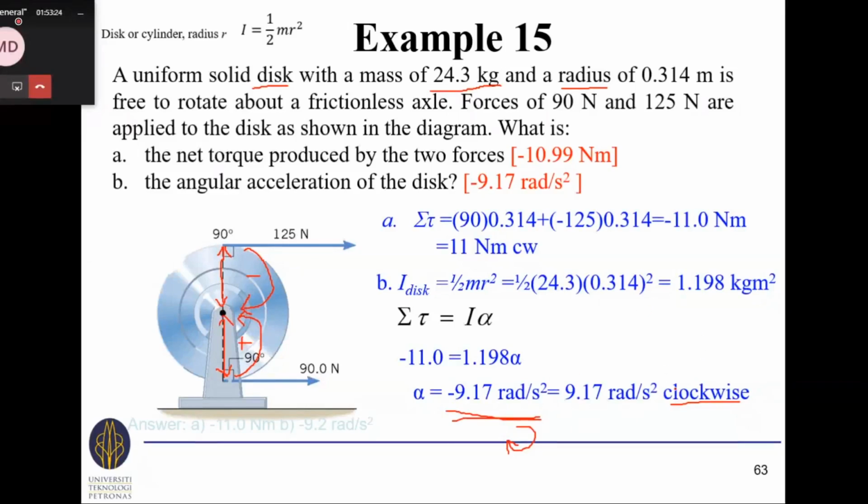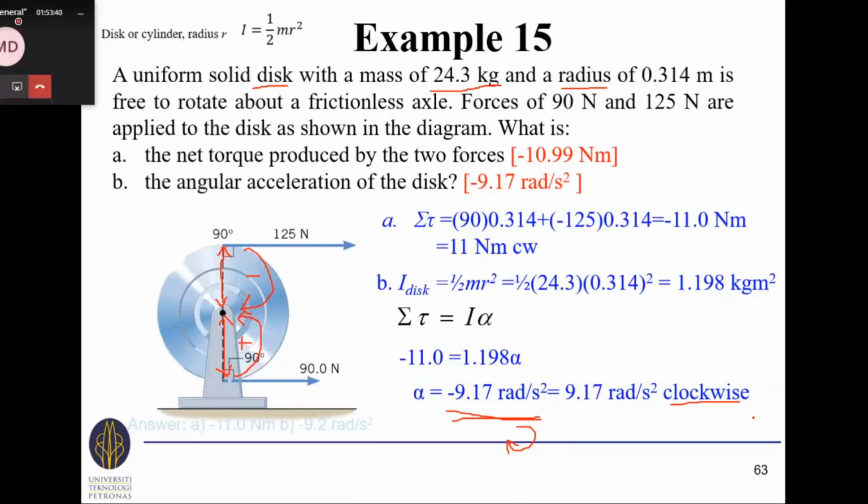You can also write it as 9.17 and put clockwise direction. So it doesn't matter. If you leave your answer negative, it's also correct. If you leave your answer positive but put clockwise or counterclockwise, it is also correct. So basically, both answers are accepted. Just show that you understand the plus and minus sign.